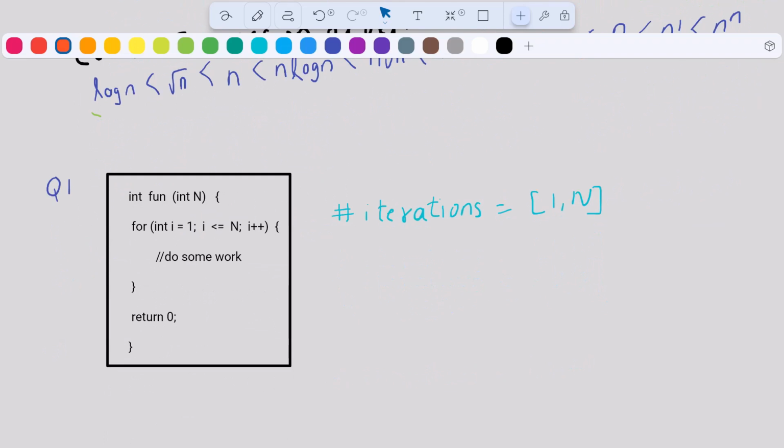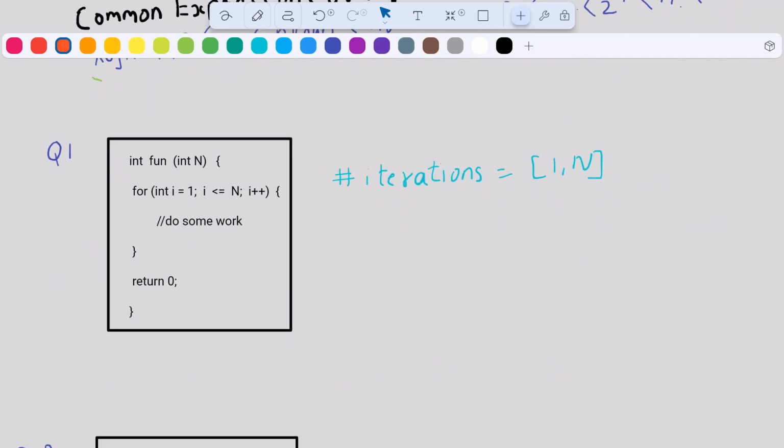Now just see this method, this is a pseudo code where this is a function in which a loop is running. How many times are the iterations running? It is running from 1, and it will be running to n, where n is included.